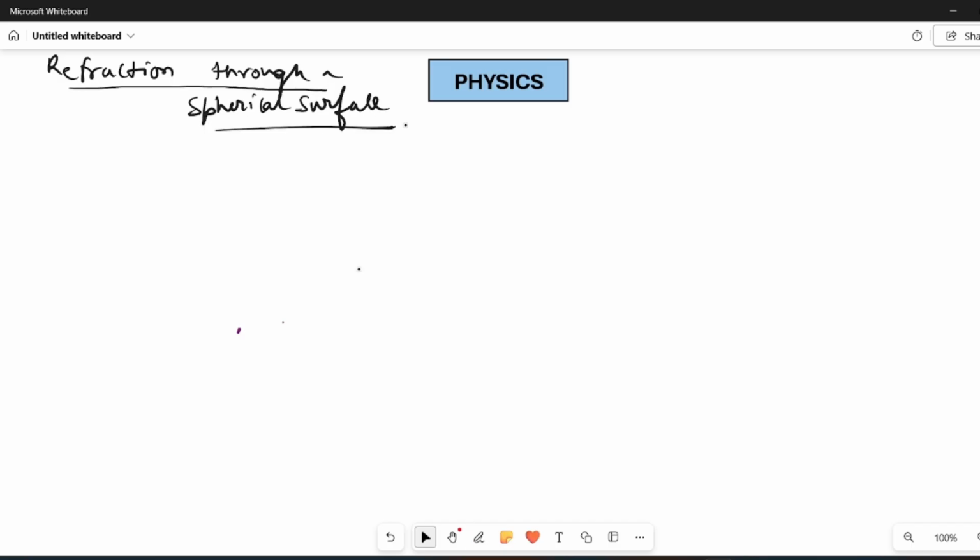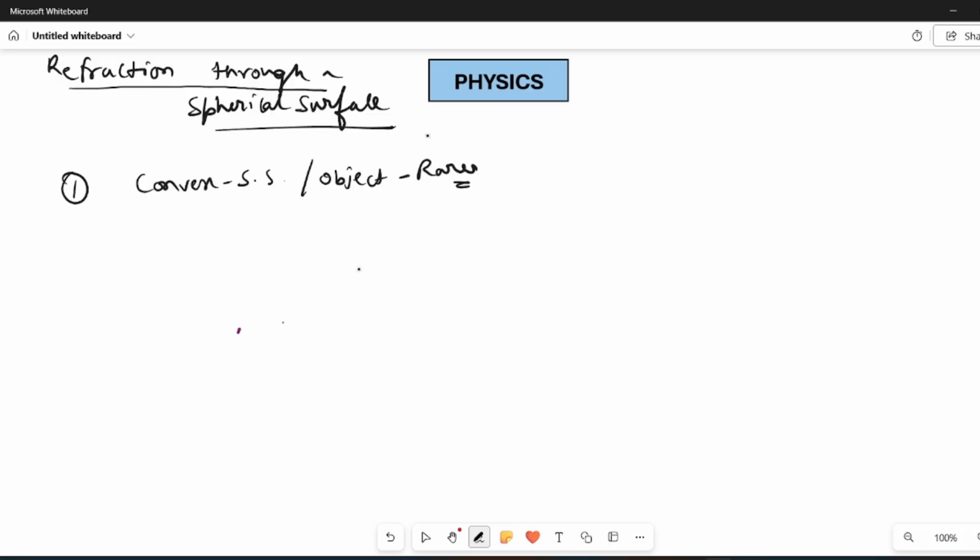The next topic is refraction through a spherical surface. In the first task here, we are going to take a convex spherical surface, and we are going to place our object in a rarer medium.